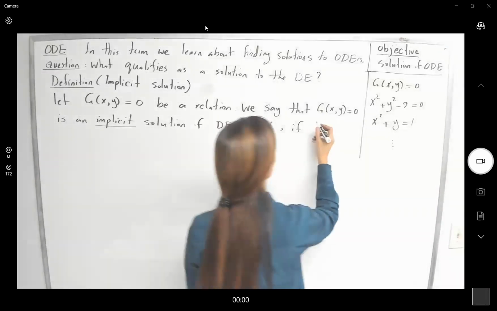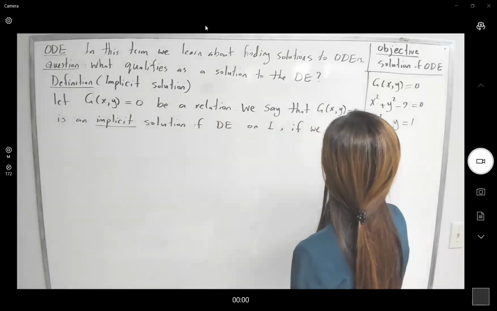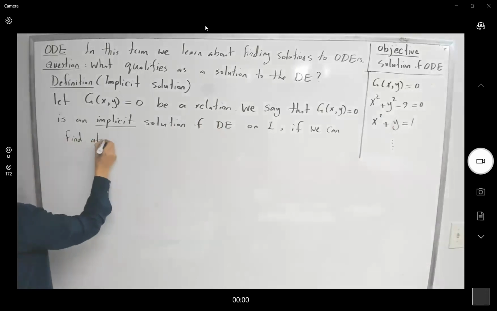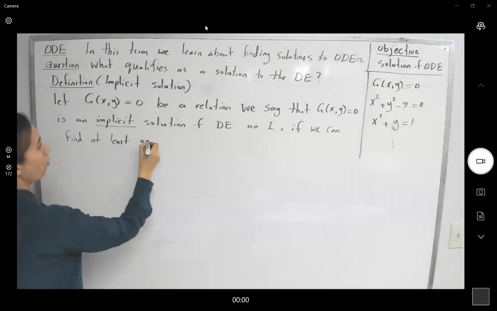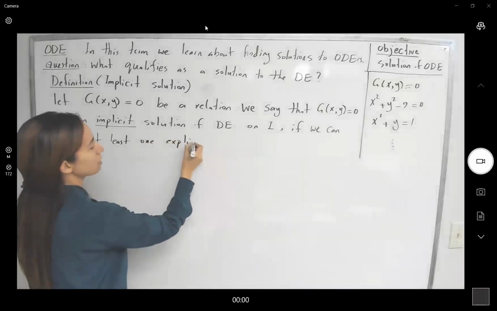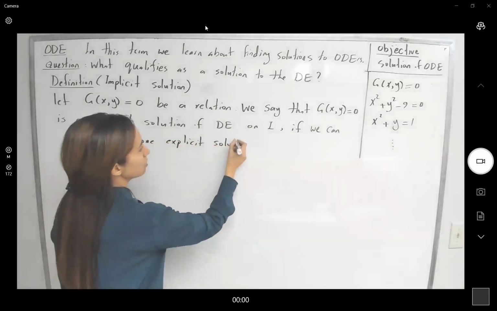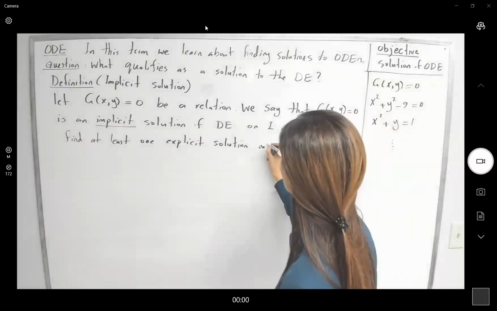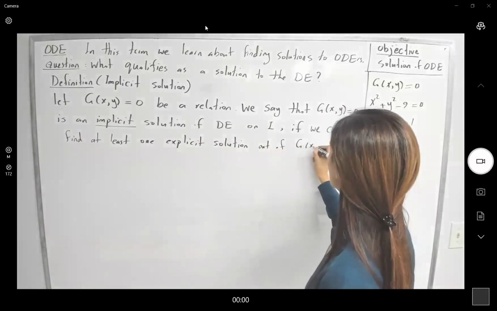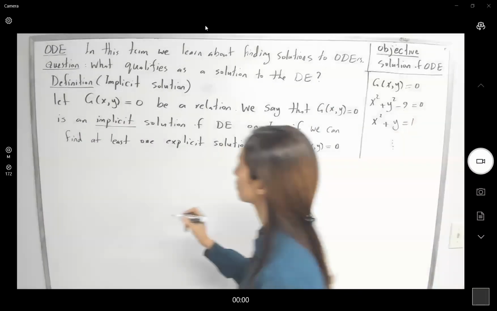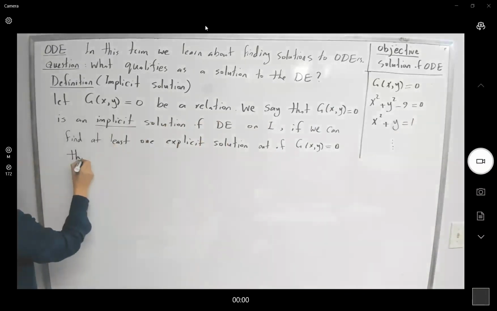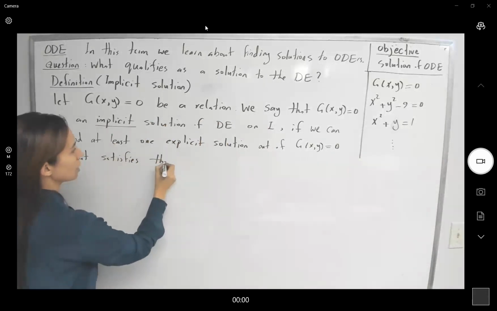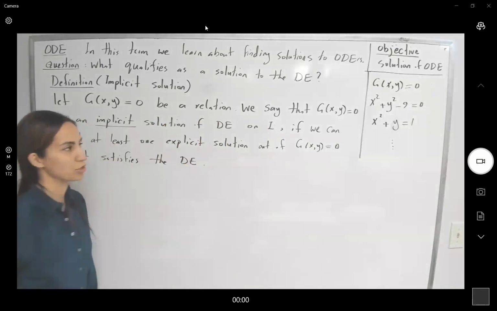if we can find at least one explicit solution out of g of x and y equal to 0 that satisfies the differential equation.